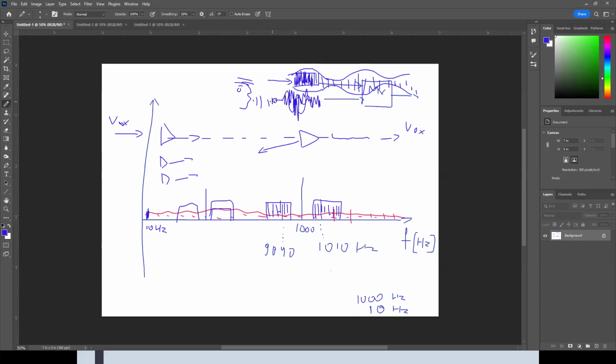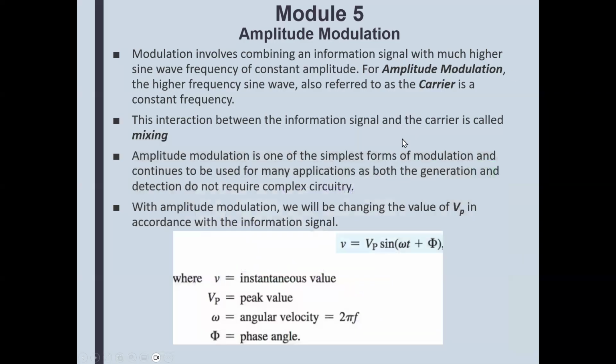That would be the intelligence signal. Okay? So in a nutshell, that is the idea that we're going to tackle today. So we're talking about amplitude modulation.